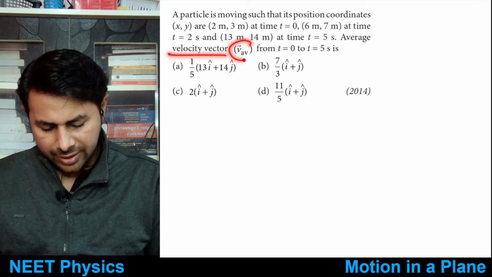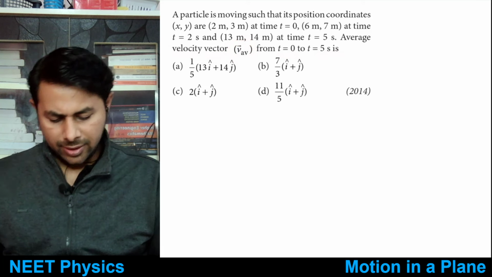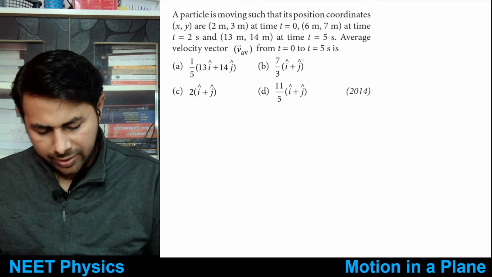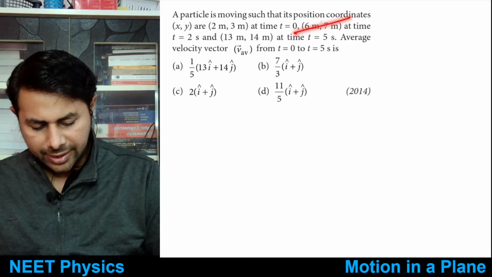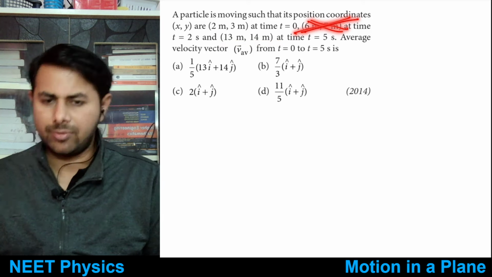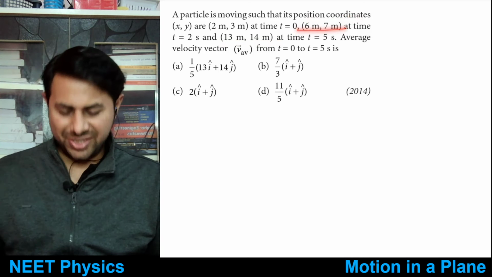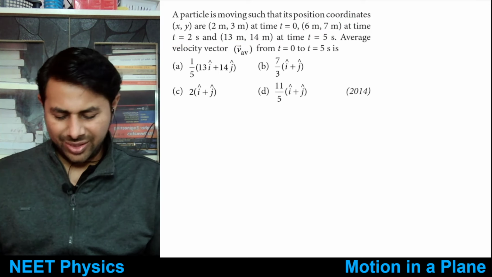Average velocity vector from t equal to 0 to t equal to 5 is, so at t equal to 0, these are the coordinates, at t equal to 5, these are the coordinates. So that means this is just extra information, you don't need to think about that, right? What are the coordinates at t equal to 2? Because you want average velocity, okay?